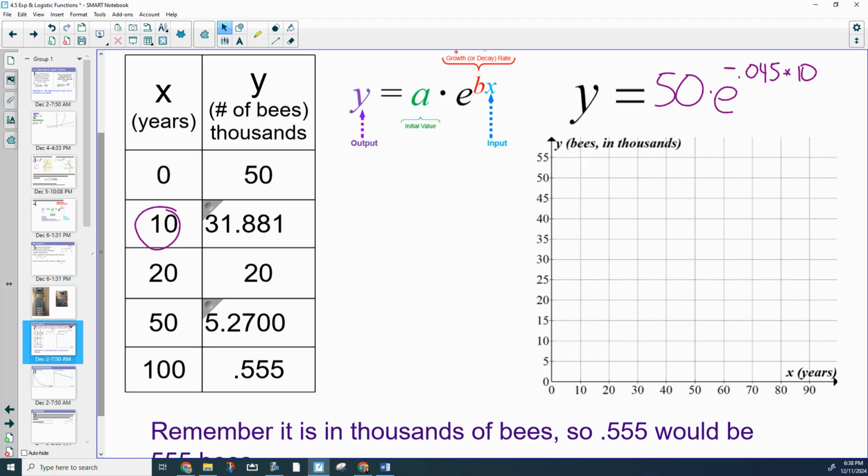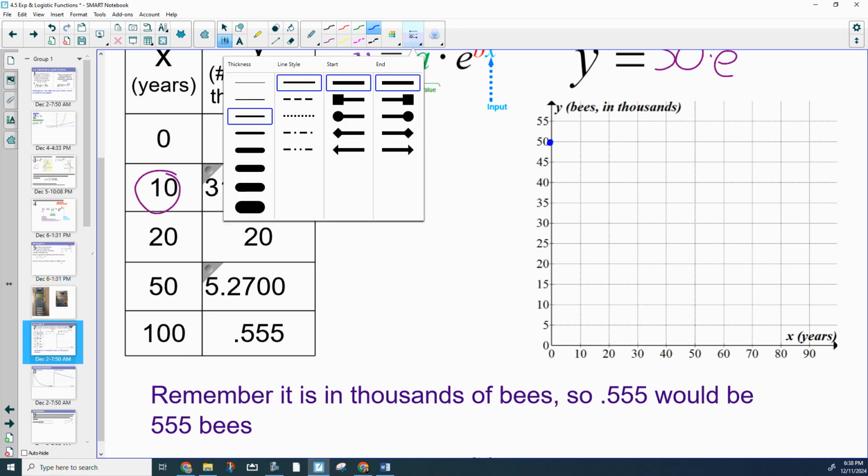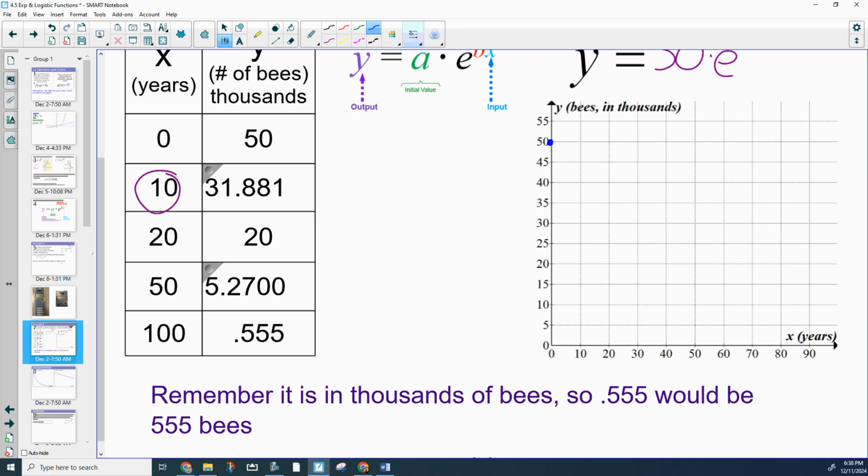So now doing the graph, we started at 0.50. Then 10 and 32. And we got 20 and 20. 50 and 5.7. Again, we're just estimating a little bit here as we're trying to put it on the graph.